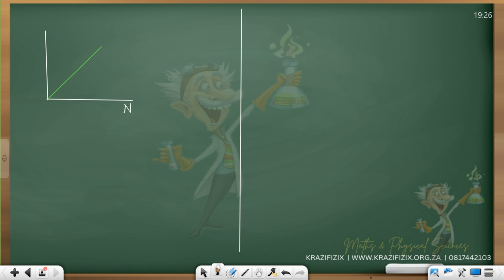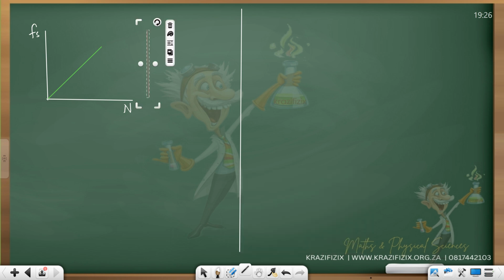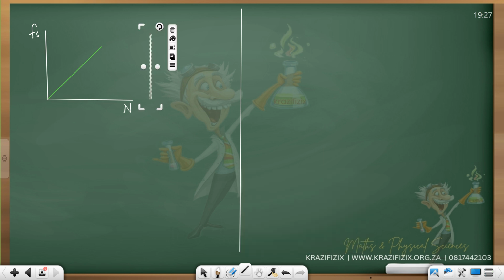I should put N here, Fs there. As the normal force increases, the friction also increases. Directly proportional again, my graph must start at the origin.